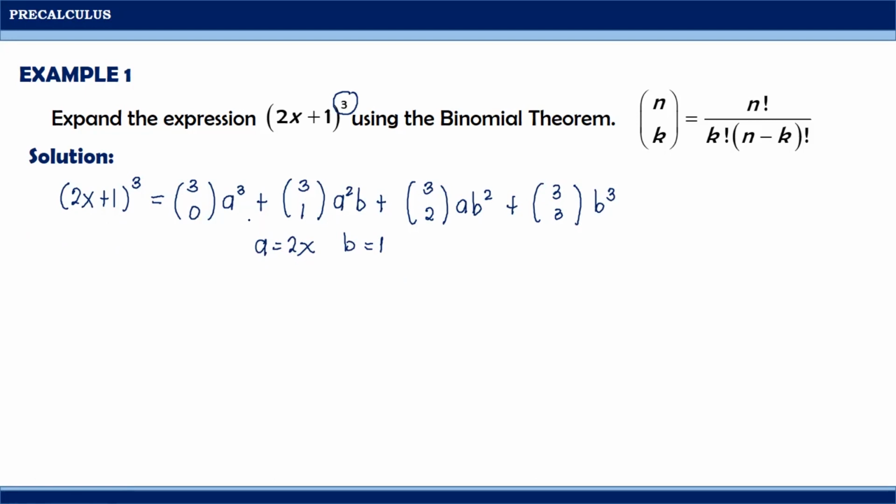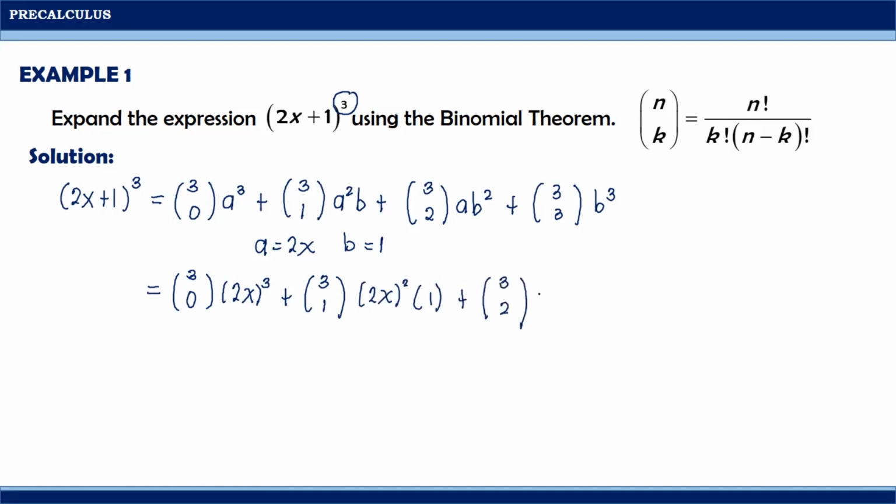Substituting 2x for a and 1 for b, the expression will become 3 taken 0 times (2x) cubed, plus 3 taken 1 times (2x) squared times 1, plus 3 taken 2 times 2x times 1 squared, plus 3 taken 3 times 1 cubed.